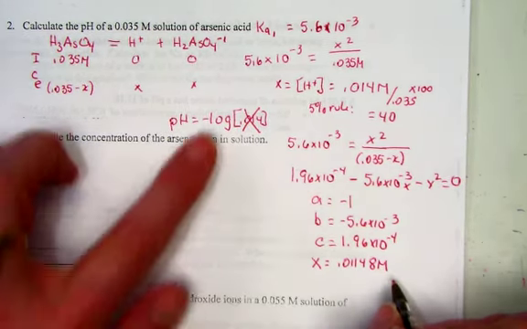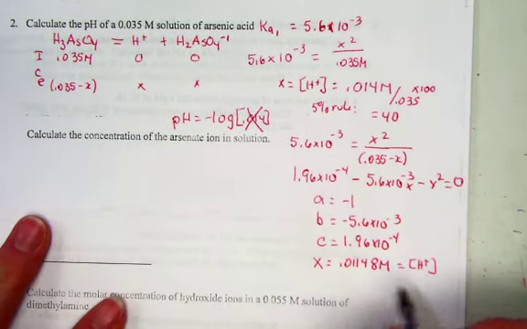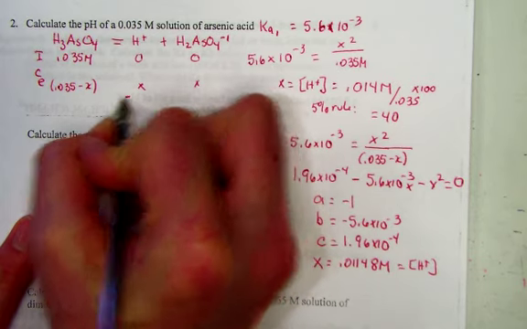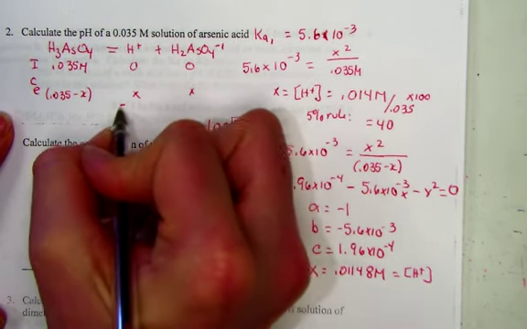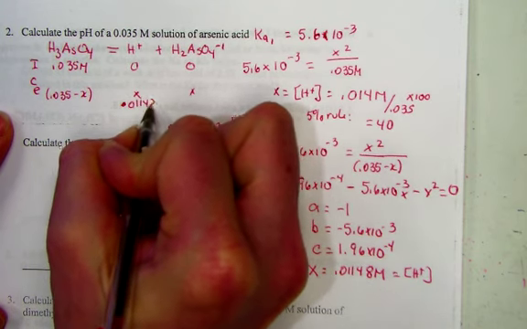And remember that X was indeed equal to the hydrogen ion we found from the initial ice chart. So I'm going to go back and just record that value for X up into that data table, 0.01148 molar.